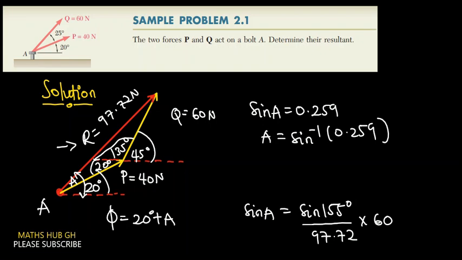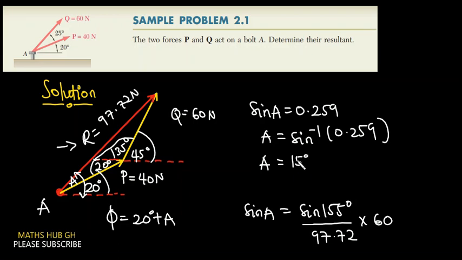Okay guys, so now let's simplify this. Angle A will be equal to the sine inverse of 0.259. When you do this, you're going to have an angle of 15.04 degrees. So let's just make it 15 degrees.